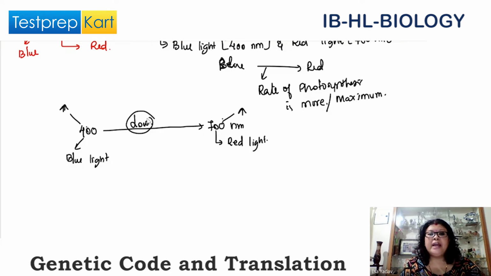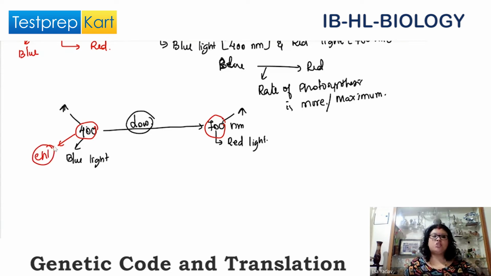Please remember, it does not stop. It is low. The reason is that at 400 and 700, chlorophyll is operational. Chlorophyll becomes the main pigment to absorb at 400 and at 700 nanometer wavelength. But in between this, chlorophyll does not absorb.